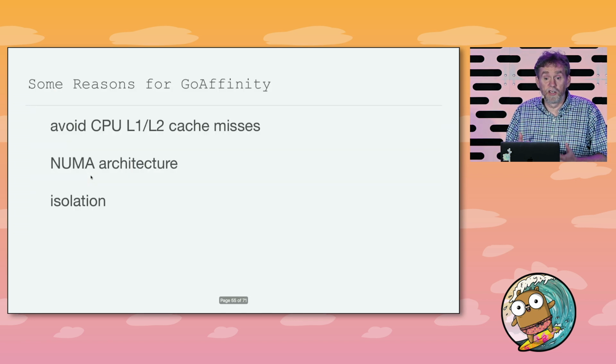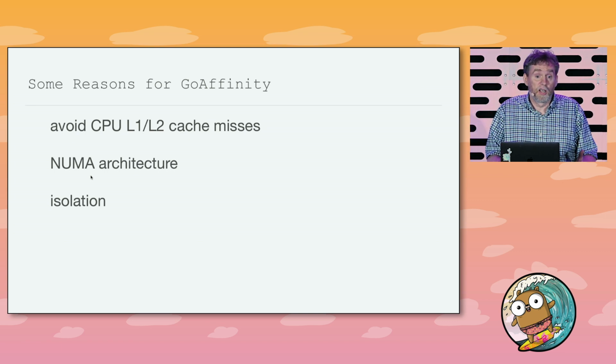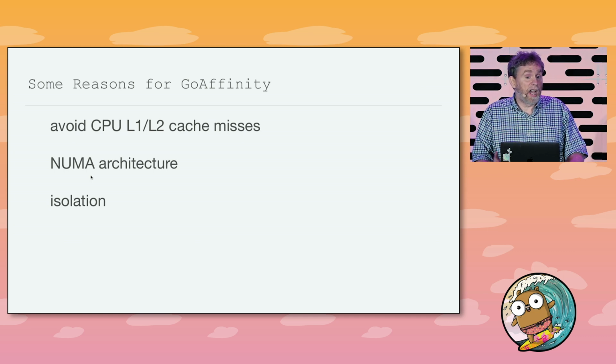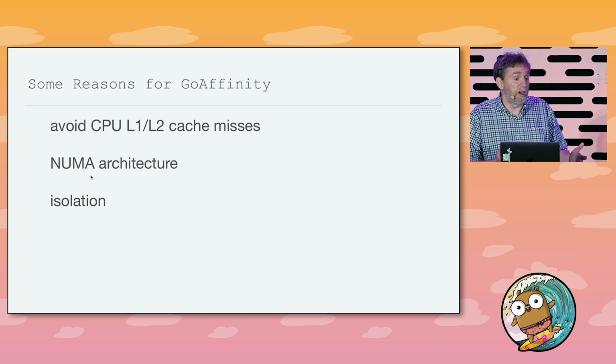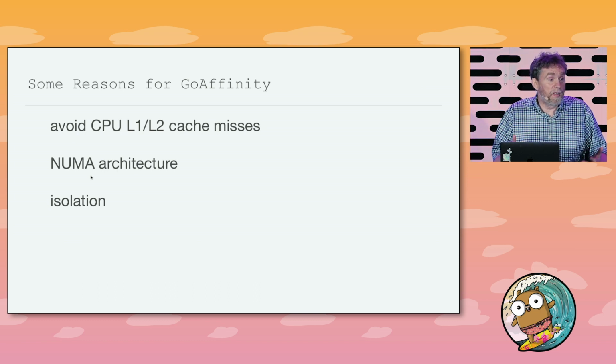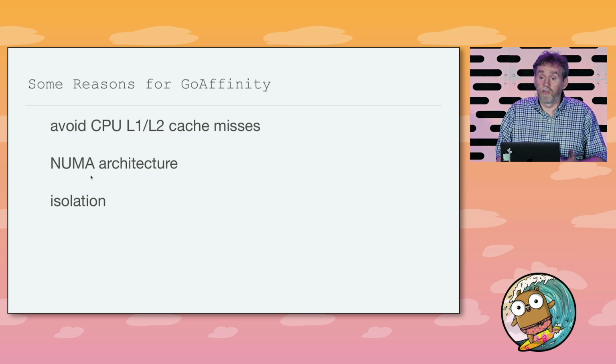Some reasons that's a good thing. So one of the main bottlenecks these days in the efficiency of programs is merely the time it takes to get stuff out of memory and to put it back in memory. So there are all sorts of optimizations, level 1, 2, caches, 3, I don't know how many there are now. Why are they there? That's because it takes a long time to get stuff out of main memory.